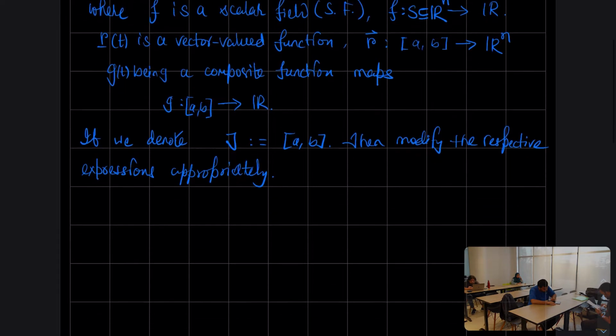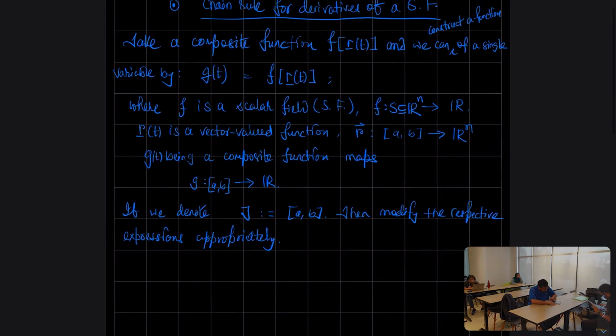So our g(t) is a composite function. Before going to g(t), let me just say what r is. The curve on the solid is actually r. r is a vector valued function, it's a curve.